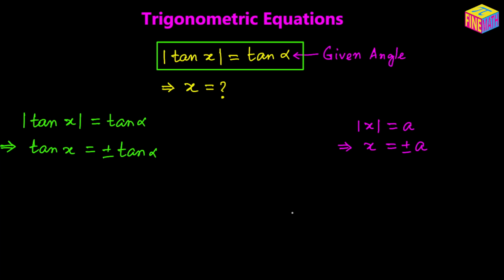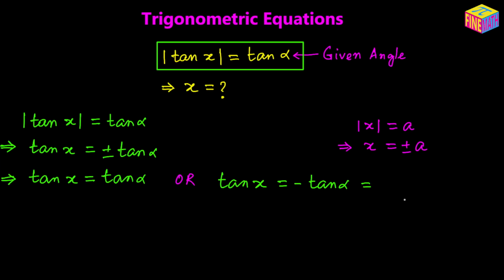So from here we clearly get two equations. The first one is tangent of x equals positive tangent of alpha, and the second one will be tangent of x equals negative tangent of alpha, and this negative tangent of alpha can also be written as tangent of negative alpha.